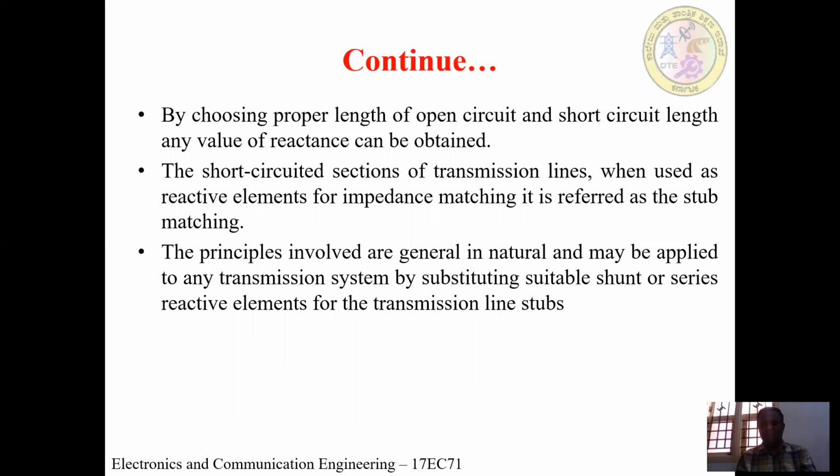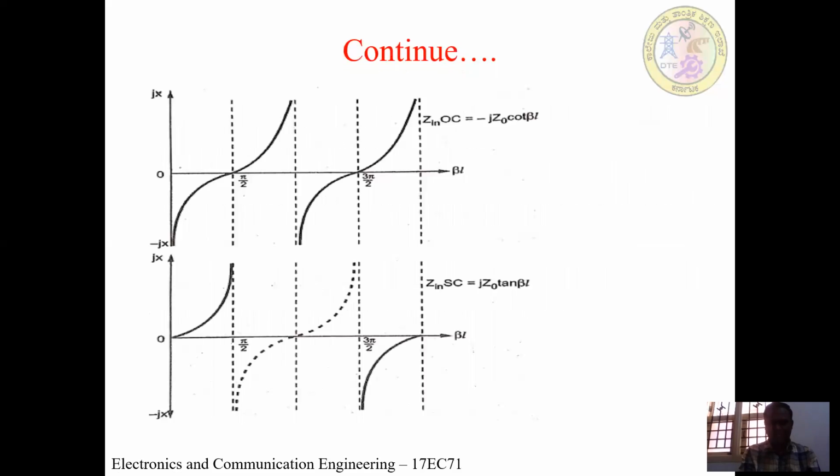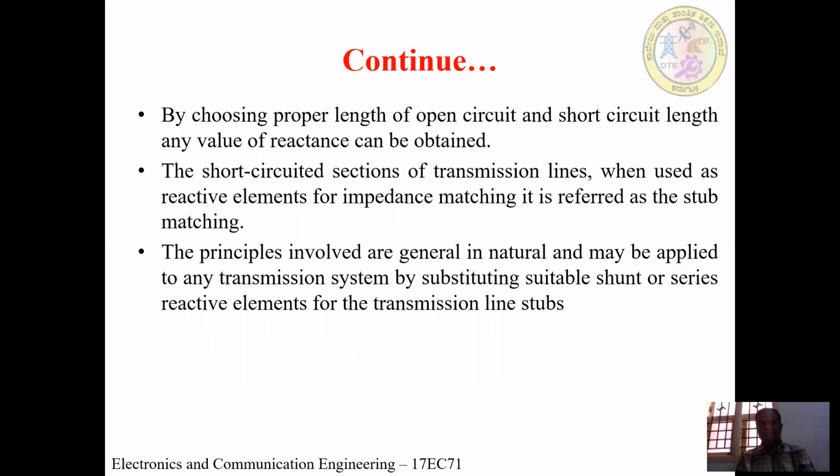This graph shows reactance drawn with respect to length, so we can choose any value of reactance by taking a proper length of either open circuit or short circuit line.